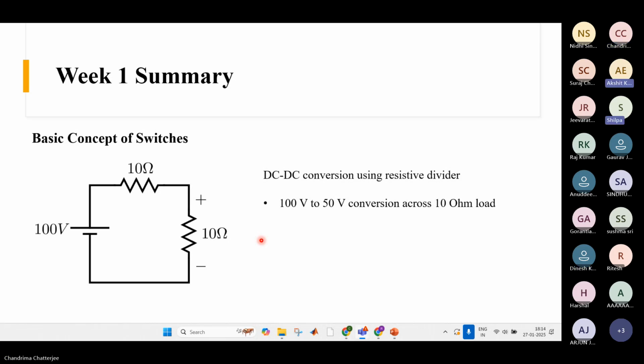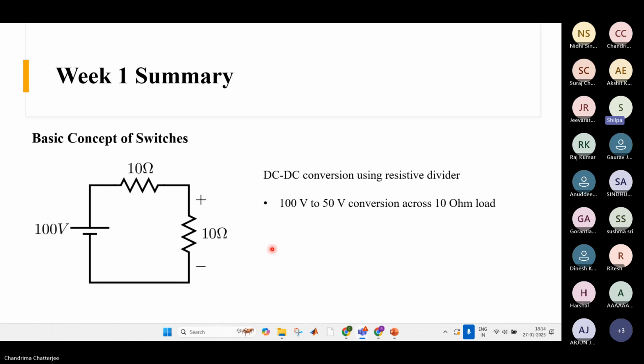It's 10 amps, ma'am. How are you calculating it? If you don't see the circuit as a voltage divider, then it is a series resistor circuit, and you are passing 100 volts. In a series circuit, the current remains the same.